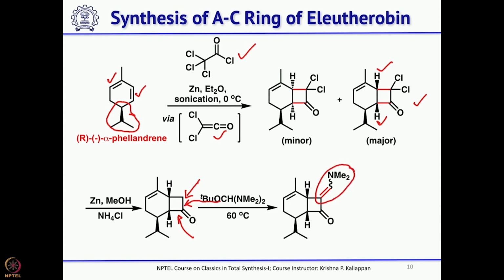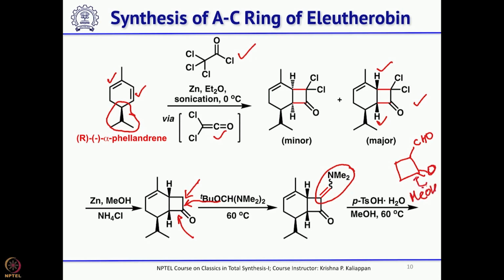If you hydrolyze this enamine, okay, this is an enamine, basically derived from protected dimethyl formamide, upon hydrolysis with para-toluene sulfonic acid, what will happen? You will first get an aldehyde like this. Then under acidic condition, that is with methanol, what will happen?